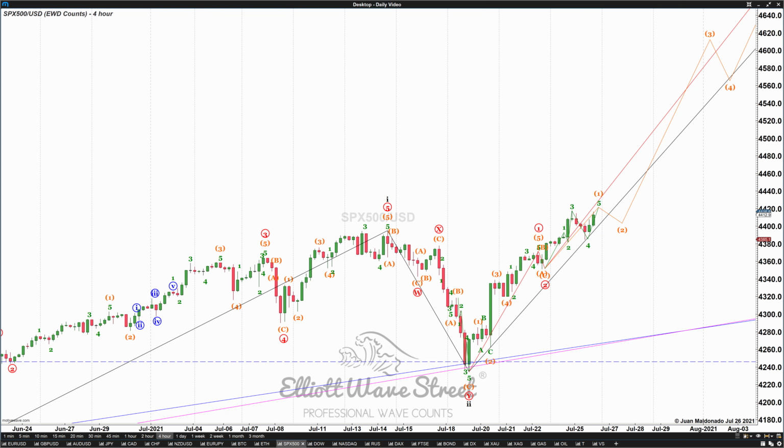But ideally, we should have a deeper retrace. I would love to see something like this. I'm not saying that it's going to happen. What I'm saying is that if this happens, we can have a great entry to go long at better prices. Because I see the S&P coming this year to the 4,500, maybe higher this year.